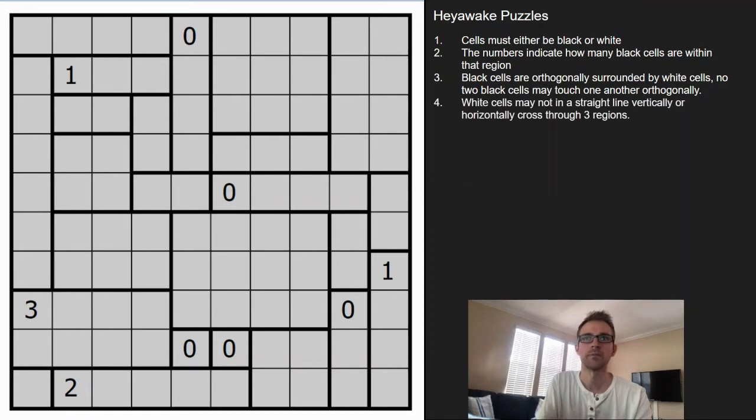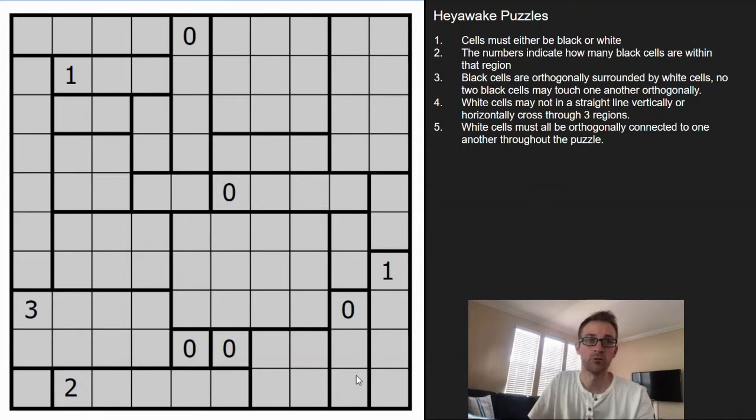White cells may not be in a straight line vertically or horizontally in such a way that it connects three regions together. And I'm going to show plenty of those examples, so you'll get real used to that rule. Lastly, the white cells must all be orthogonally connected with one another, so you can't ever have a white cell or a group of white cells isolated from the rest of the group.